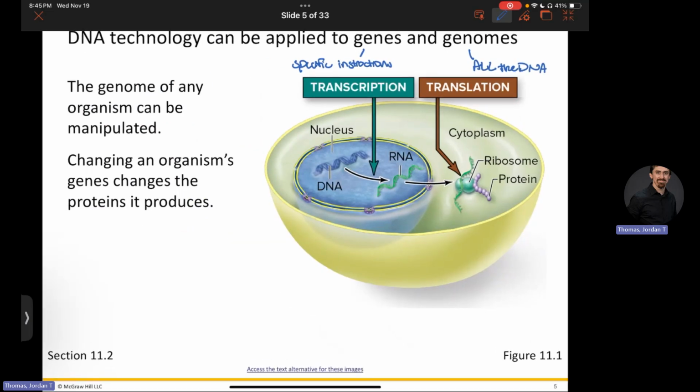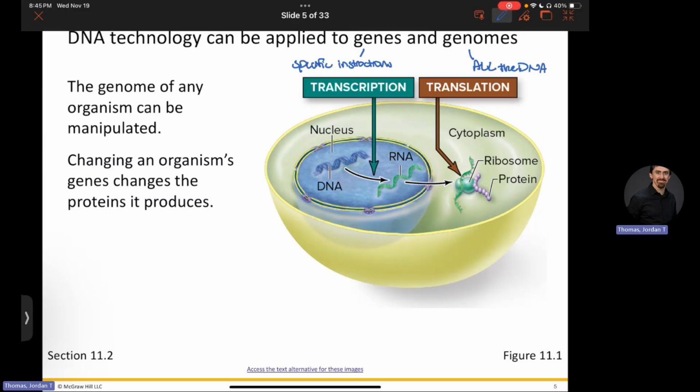So with that said, technology can be applied to the genes or the genomes. The genome of any organism can be manipulated, and we'll see some ways how. Changing an organism's genes changes the proteins it produces. So anytime DNA technology is used to change a gene, to change any sequence in the DNA, it's changing a protein that is produced by that gene.